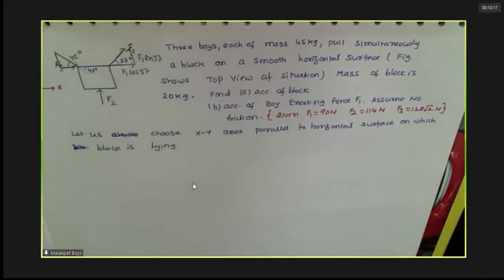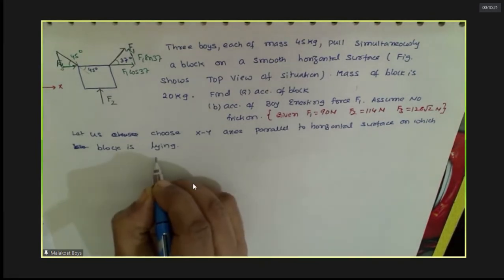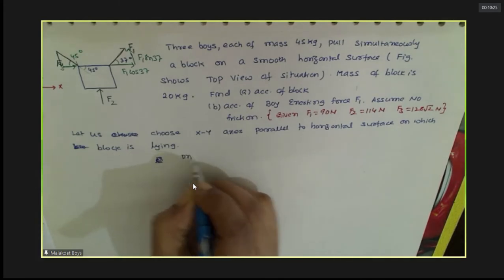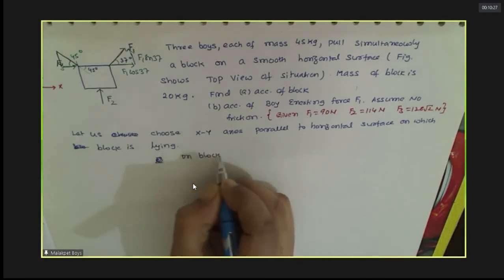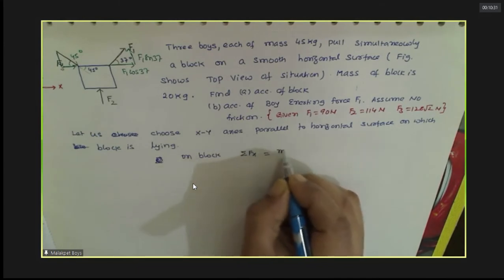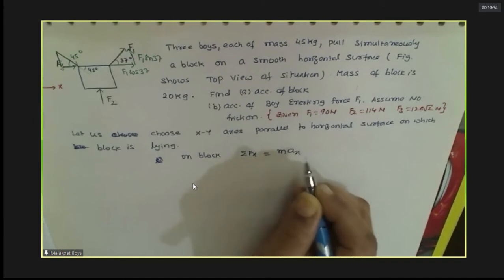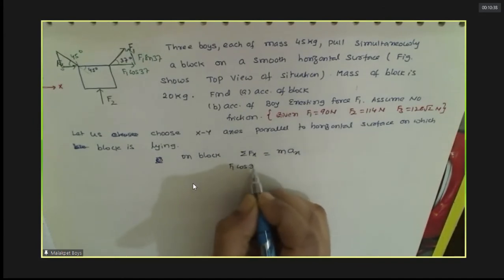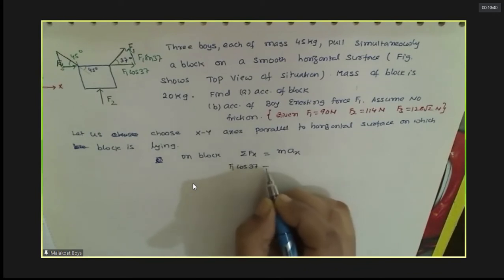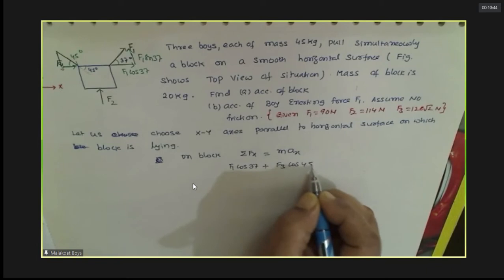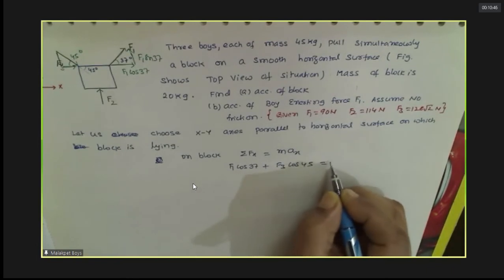After that, we need to find sigma Fx, the net force on the block. We have the total force along the x direction, equal to the mass of the block times its acceleration in the x direction. The forces are F1 cos 37 plus F3 cos 45. There is no other force in this direction.